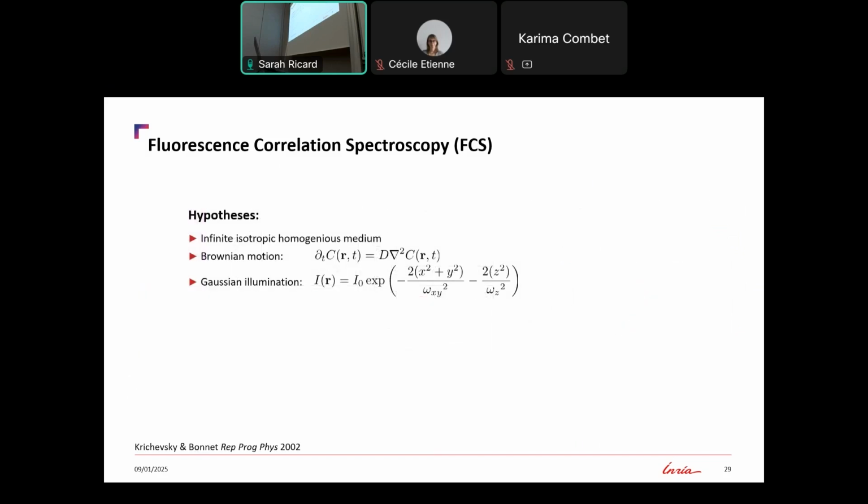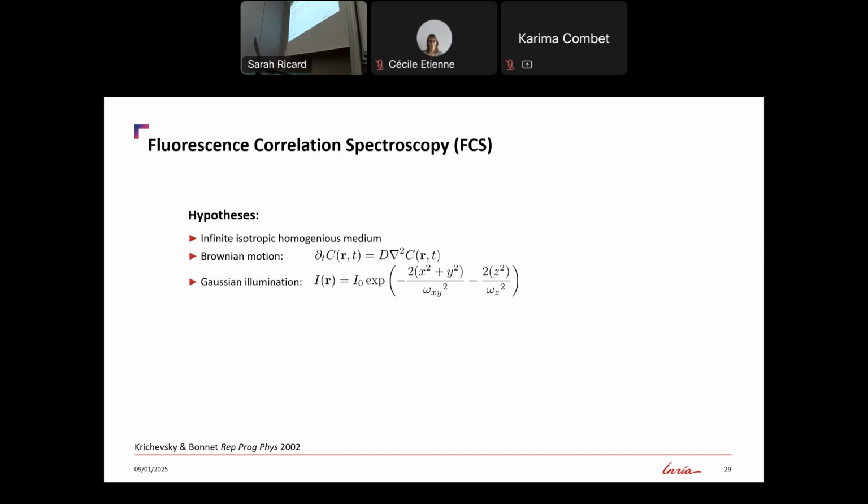How it works. For it to work correctly, you have to have three hypotheses, right? The first one is that your medium, your volume, is isotropic, homogeneous, so there's no special direction and so on, and it's infinite. The second one is that your motion is Brownian, that's why you have your heat equation.